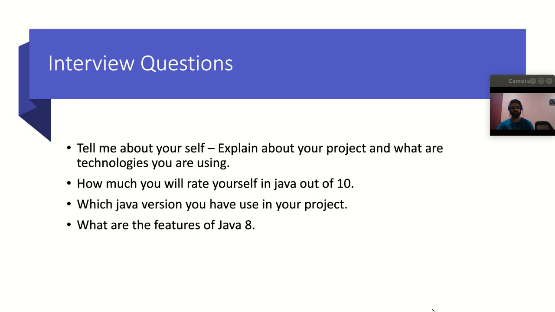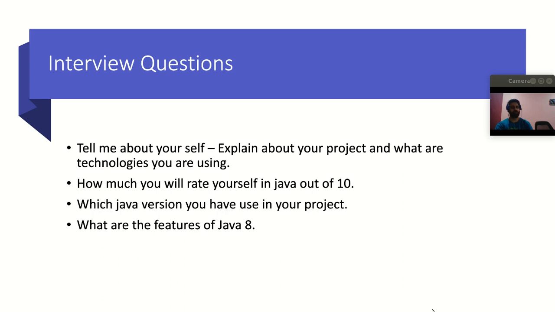The next question he was asked was: how much will you rate yourself in Java out of 10? This is quite an interesting and important question, where the interviewer tries to get information from you about how you rate yourself in Java.